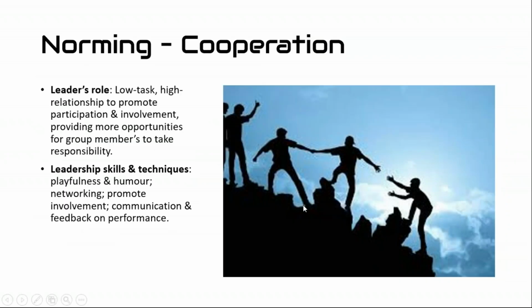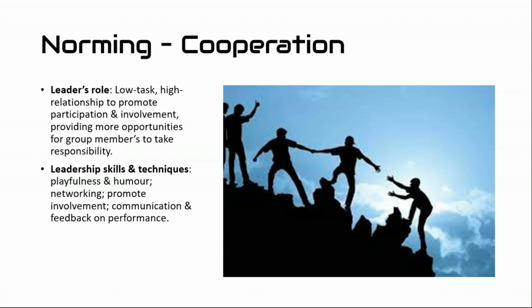Now, when you get to the norming stage, what we're really interested in here, as I said earlier, is to start to look at the way the team operates as a unit, how it can be improved. So some people at this stage will do some of these profiles, the team management profile, and some of these, to create some greater awareness of how people like to operate in a team environment.